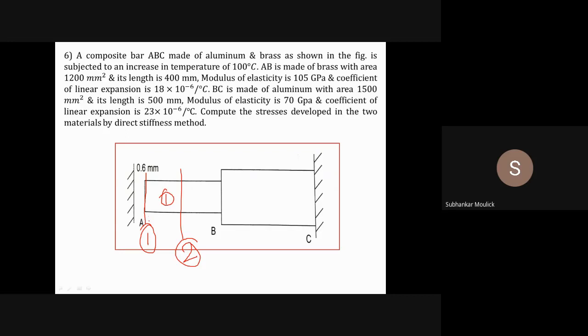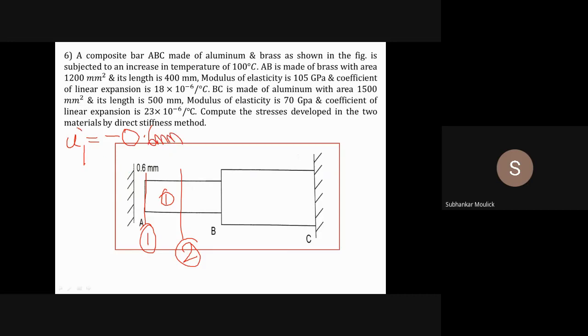So for the equilibrium condition, the bar AB will displace by an amount 0.6 mm in the negative x direction. In other words, if I assume the displacement of node 1 is u, then the displacement of node 1 should be equal to minus 0.6 mm. Then only the equilibrium condition will be maintained.